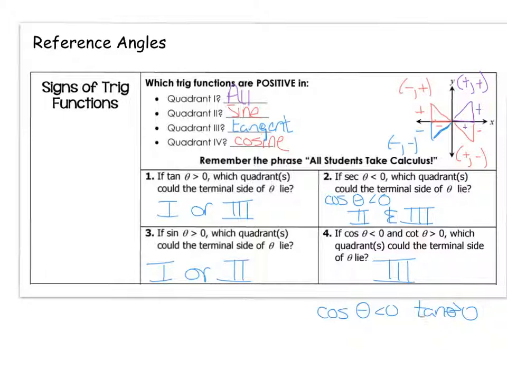Well, cotangent is the reciprocal function to tangent, so I looked for where is cosine negative and tangent positive. Tangent's positive in the first quadrant, right? And in the third quadrant. But in the first quadrant, everything's positive, so cosine can't be negative. So I said that quadrant 3 is where that angle would have to lie for cosine to be negative and cotangent to be positive.